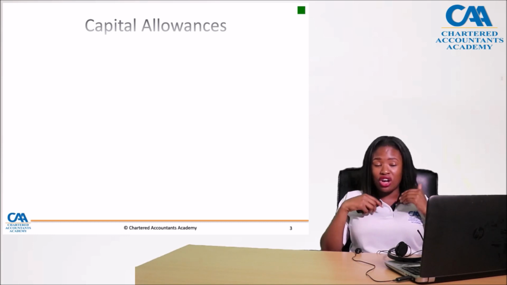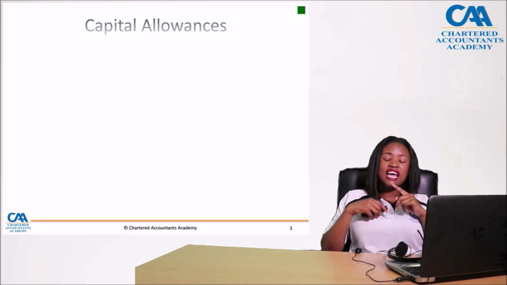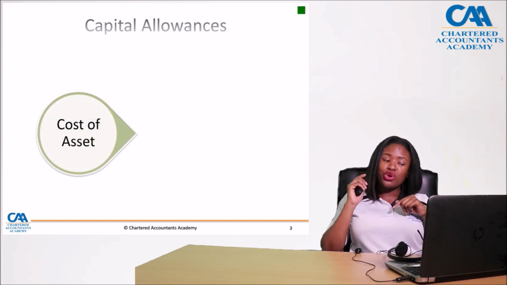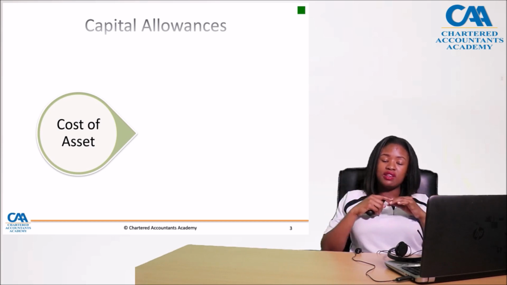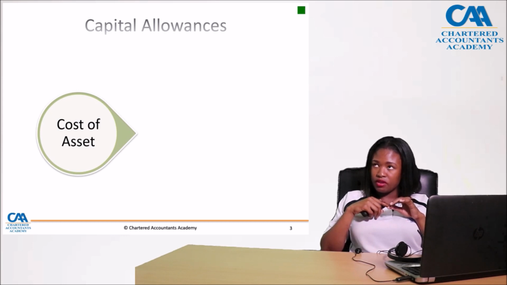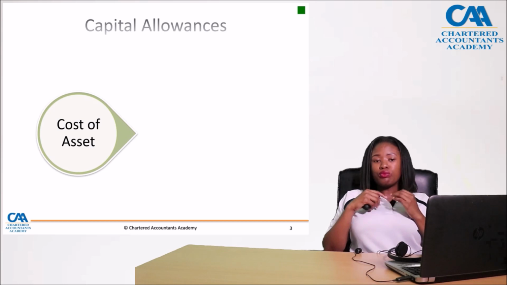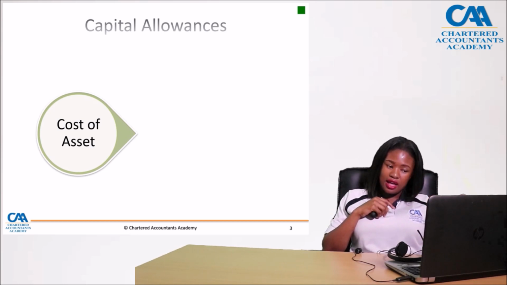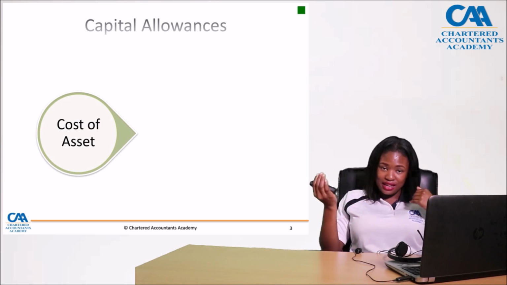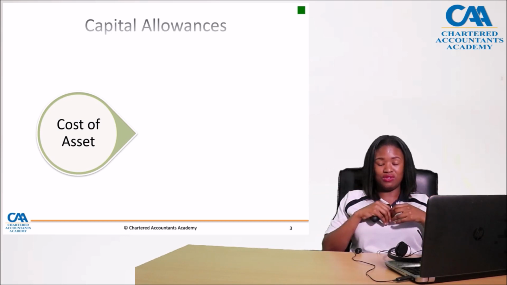What is really important to know for you to be able to determine properly the capital allowance of any particular asset is the cost of the asset. So you have to know the proper cost of the asset. In certain cases, where you've been given a scenario in which you have to adjust the IFRS profit before tax, you need to know the difference between how the taxman and the IFRS guy treat the cost of an asset.